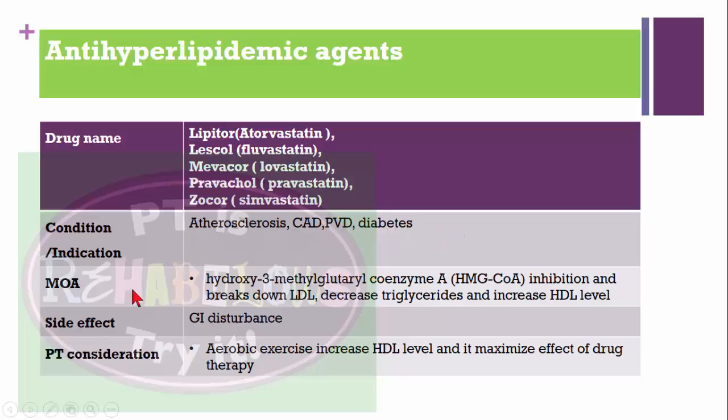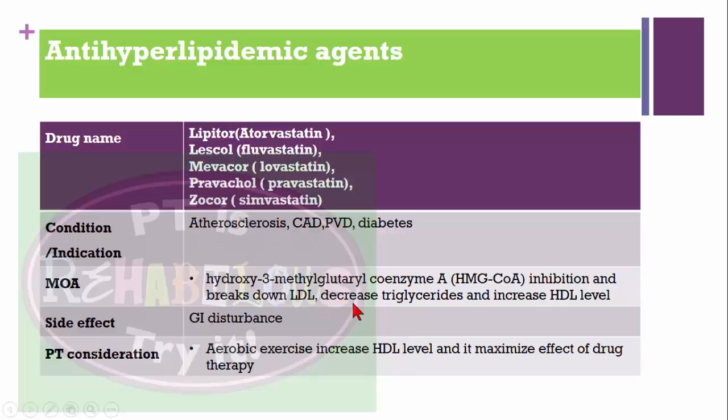The main mechanism of action is inhibition of HMG coenzyme A reductase. If HMG coenzyme A is inhibited, that will break down low density lipoprotein. If our low density lipoprotein is less, atherosclerosis and coronary artery disease can be prevented.